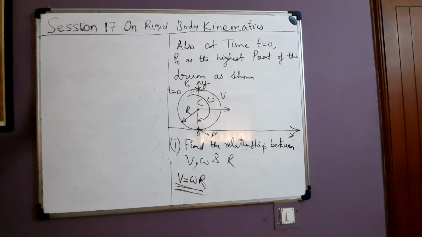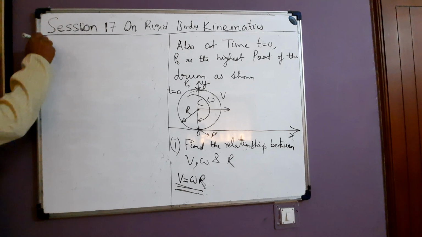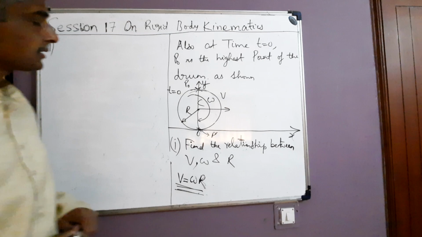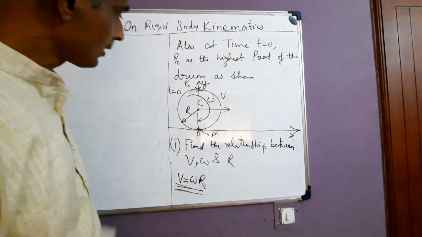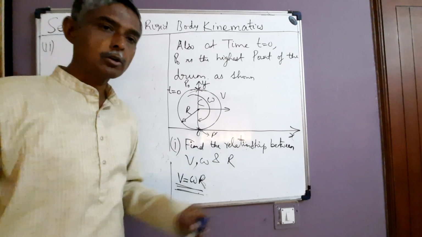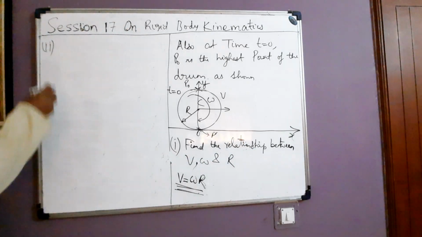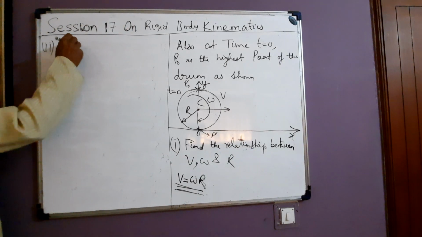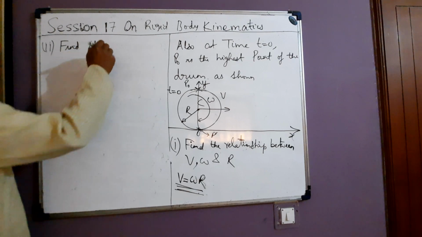Now the second relation is this. Find the parametric equation of the trajectory of point P naught of the drum with respect to ground, and draw its shape. I'll write the question here.